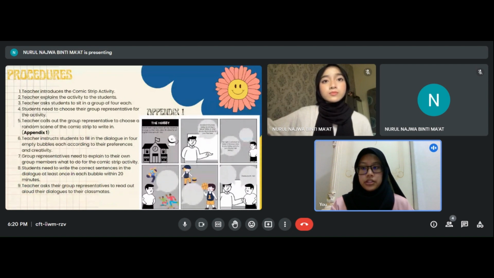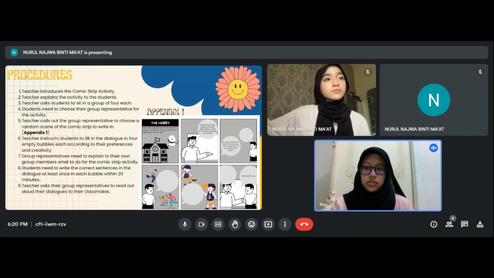So here's our procedure. The teacher will introduce the comic strip activity and explain it to the students. The teacher asks students to sit in groups of four. Students need to choose their group representative for the activity. The teacher calls out the group representative to choose a random scene from the comic strip to write in.